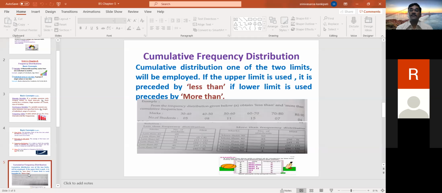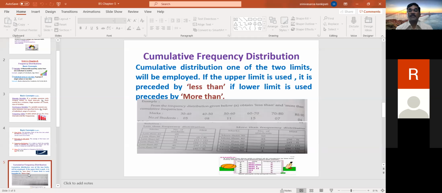Very important. If the lower limit is used, it is preceded by more than. Like that you have to use it.